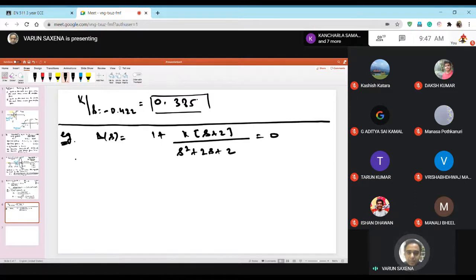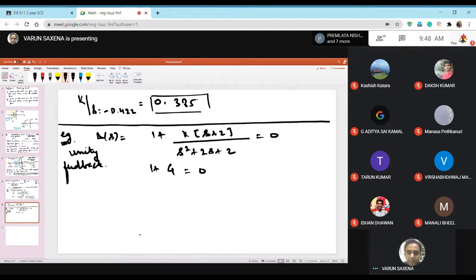This is a unity feedback system again. Okay, so that means it is basically 1 plus g equal to 0.